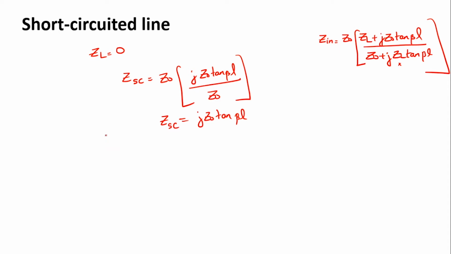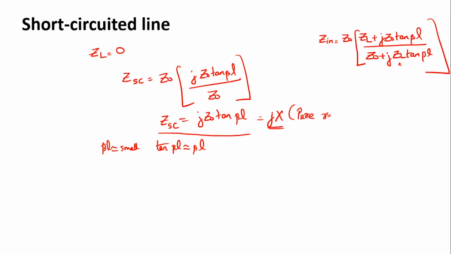And if we take βL as small, you can approximate tan βL almost equal to βL. This ZSC can be written as jX because it is pure reactance. There is no resistive part because there is no real part.